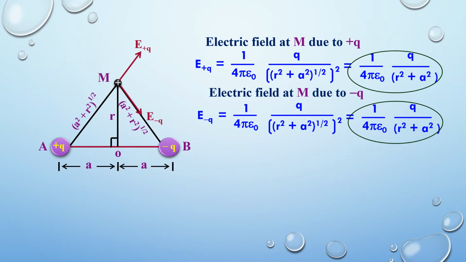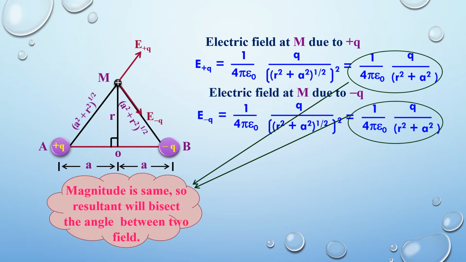We find that the magnitude of the electric field due to the positive charge and the magnitude of the electric field due to the negative charge are the same. Hence, we can say that the resultant electric field should bisect the angle between the two electric fields.